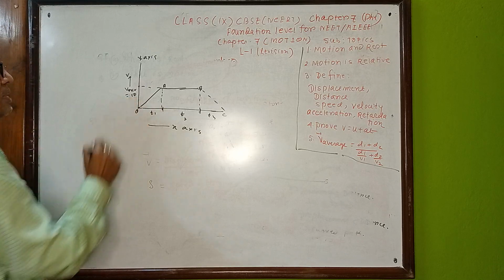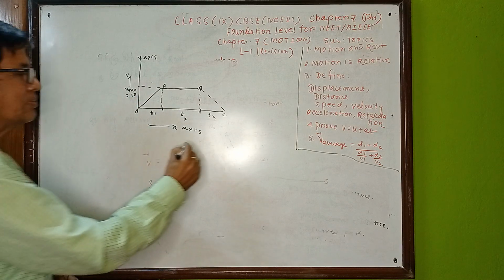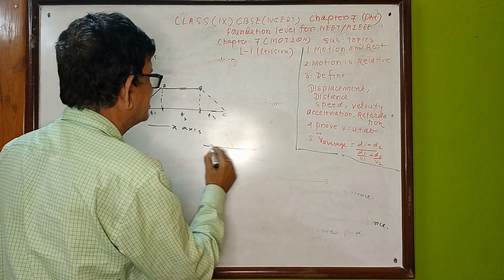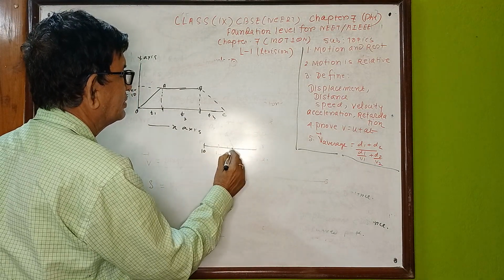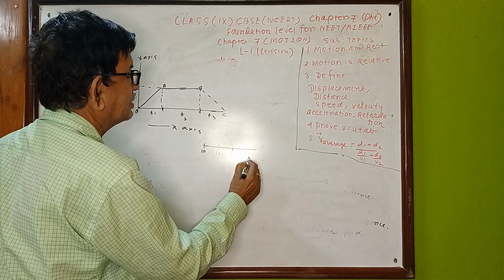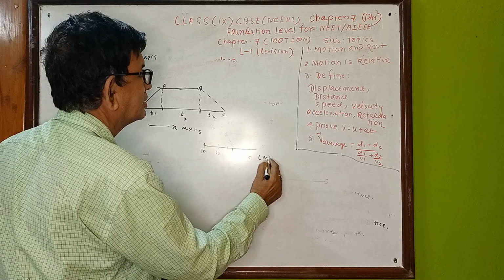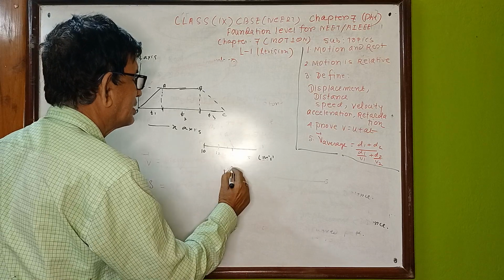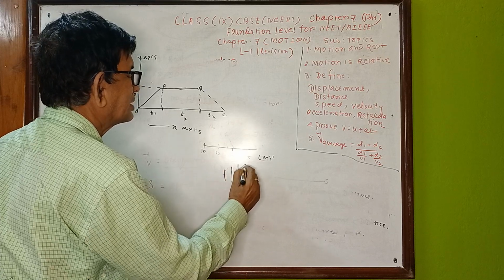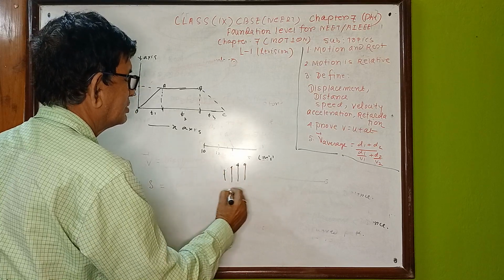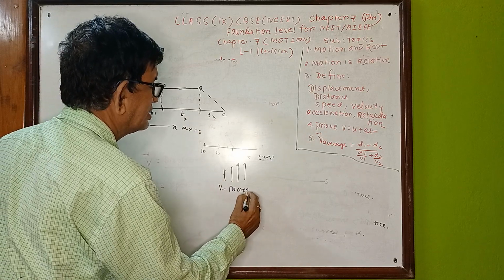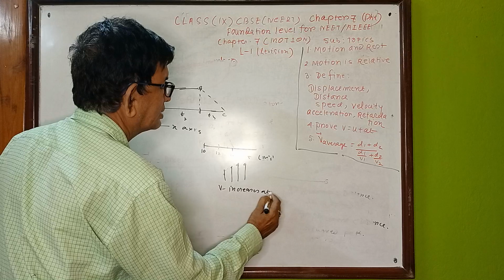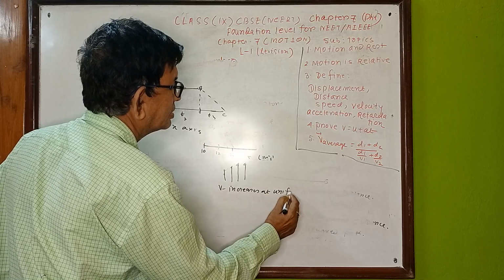Suppose 10. What does it mean? If the particle moves with a uniform change of velocity, suppose 10, then 12, then 14, then 16 meter per second, then we see velocity gradually increases at a uniform rate.